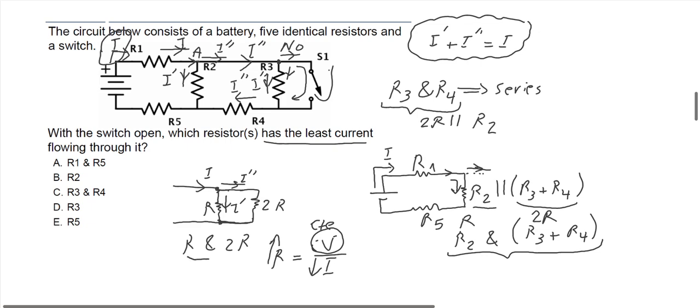Which one of these two is higher? Exactly, 2R is higher. So resistors R3 and R4, which have the same share of current as they're configured in series, have the lowest current. The answer is option C. I hope it's obvious for everyone.